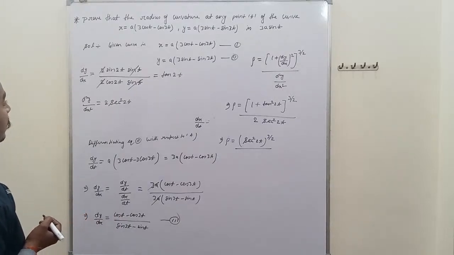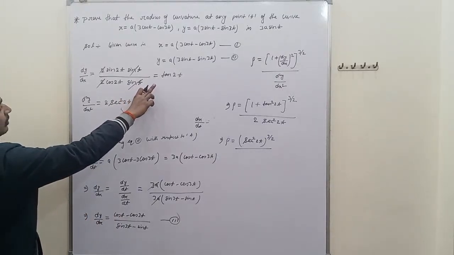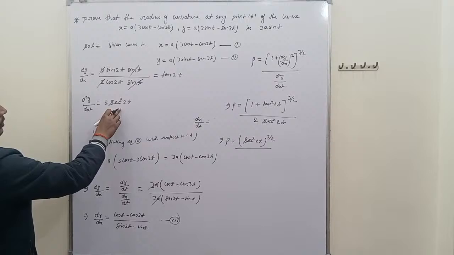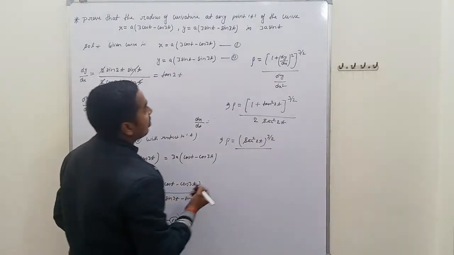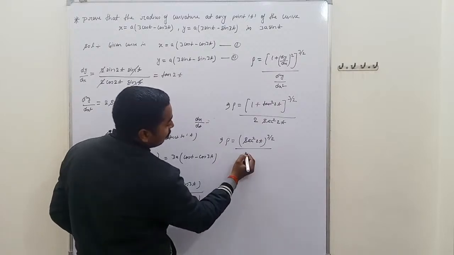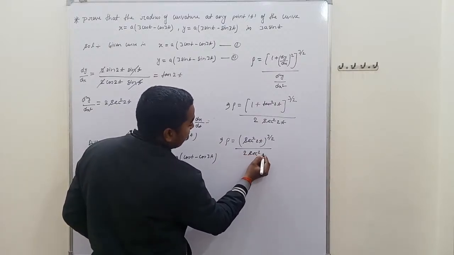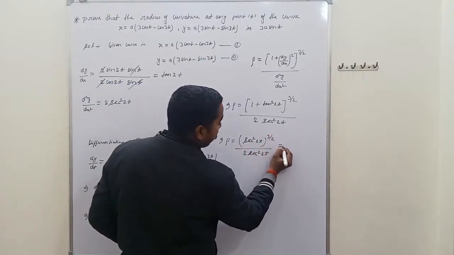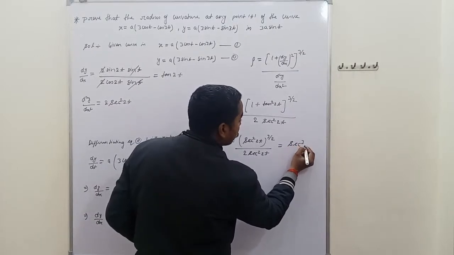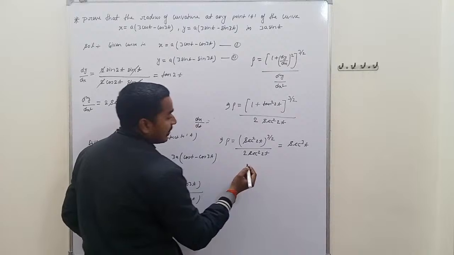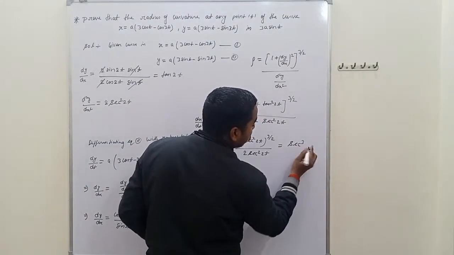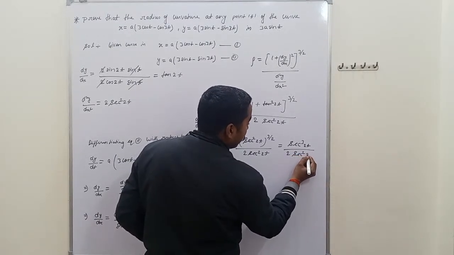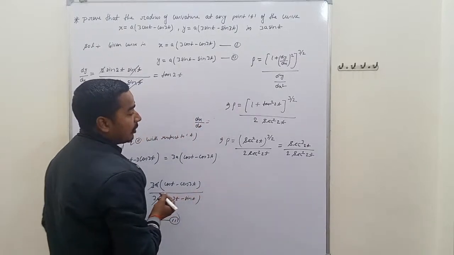Once again, when we differentiate here, tan 2t gives sec square 2t, and again 2t gives 2. Taking 3 by 2 from outside, we get sec cube 2t upon 2 sec square 2t, and we have to cancel out the terms.